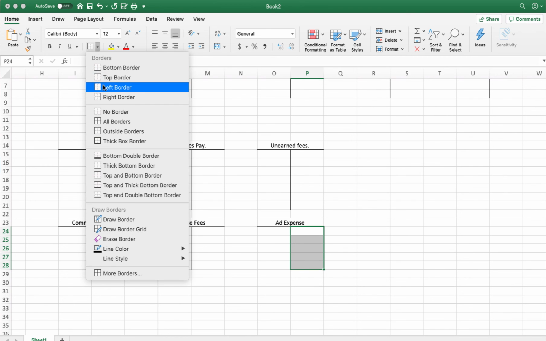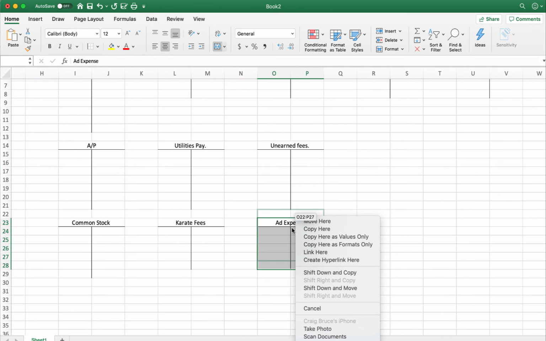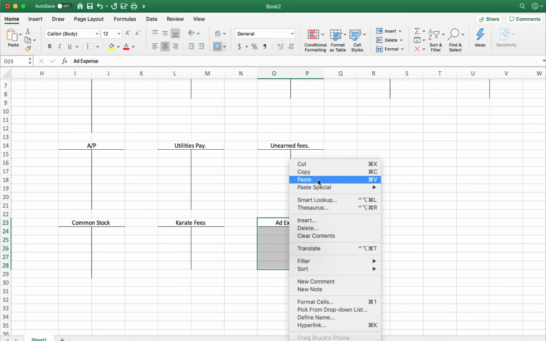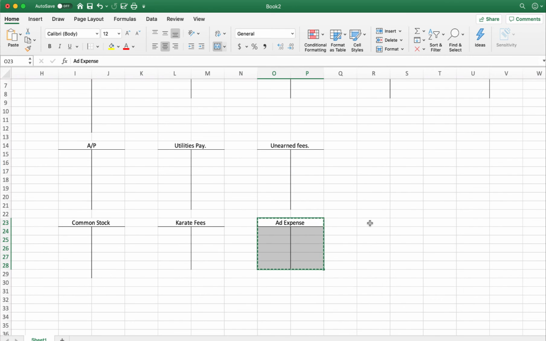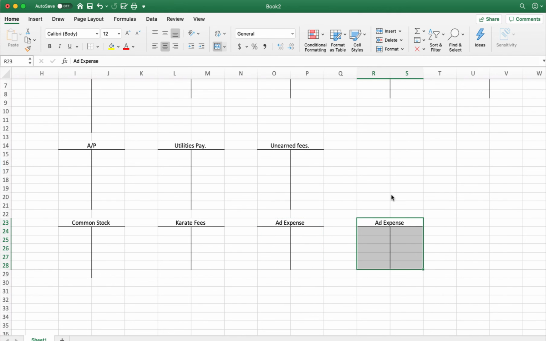And to make this process go a lot quicker, I'm just going to copy and paste these because I can do that. If I click copy and then paste, I got the same there. I got advertising expense. I just need to change the name, right? This isn't an advertising expense now because we already have that T account. The next account after advertising expense is repairs expense.